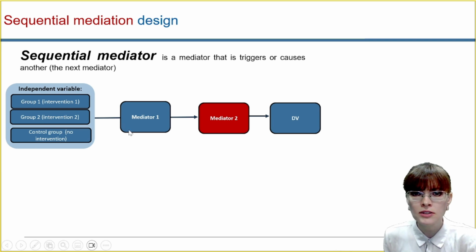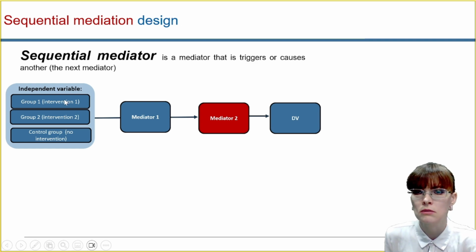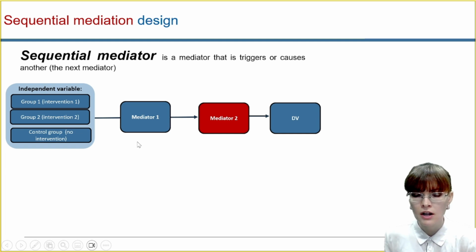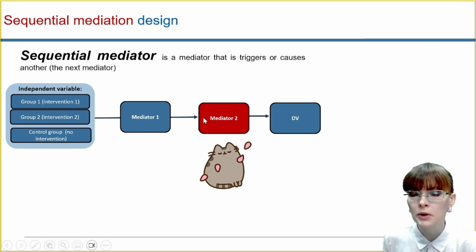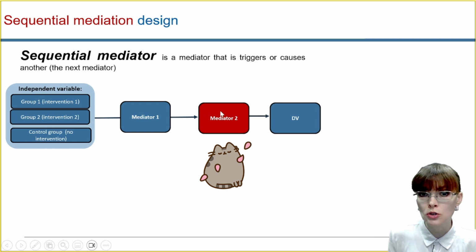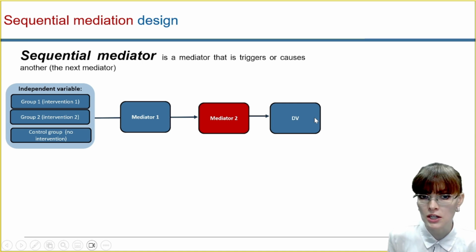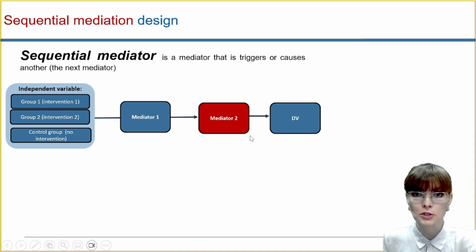And here, as a researcher, we are saying when consumers are exposed to X, Y, and Z, this is what it will trigger. And this something, which is your mediator 1, will trigger mediator 2, which will then cause the dependent variable variations, the outcome in what you are researching.